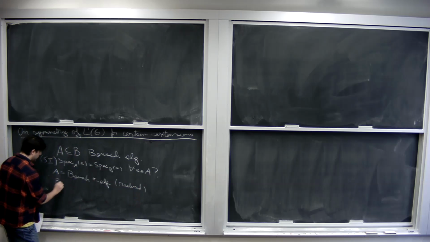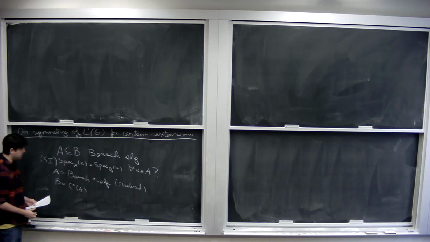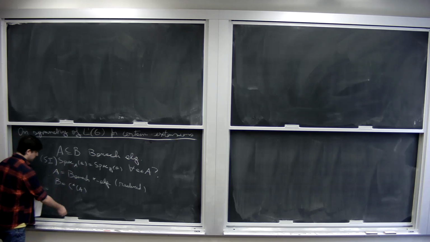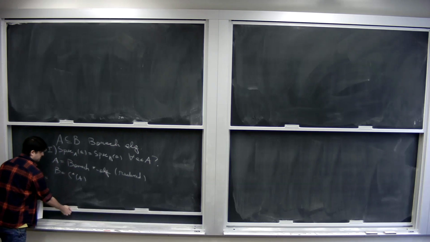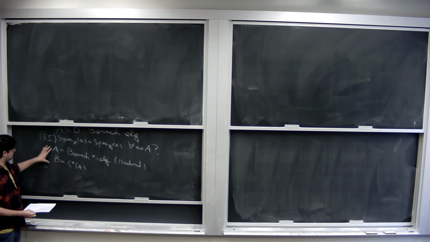And B will be the enveloping C-star algebra. So in this case, this question is better understood. And well, in this case, everything in the setup of the question depends on A. So we can give an answer in terms of A.